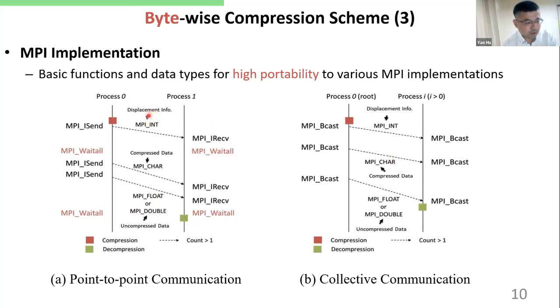For example, we use MPI int to encapsulate the displacement information and MPI char to encapsulate the compressed data. The uncompressed data will be encapsulated in MPI float or MPI double. This is for the purpose of high portability.